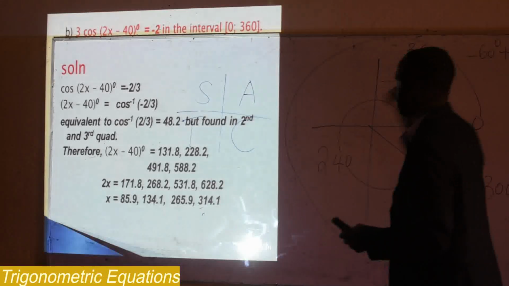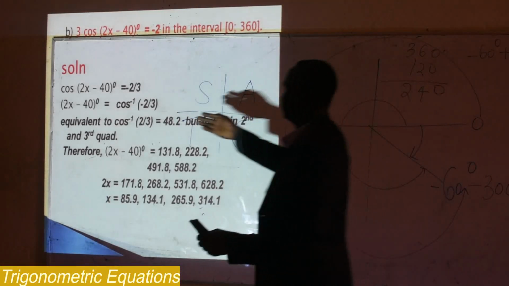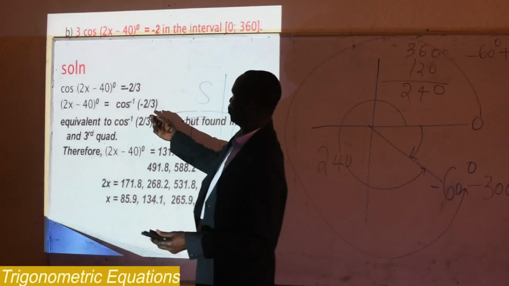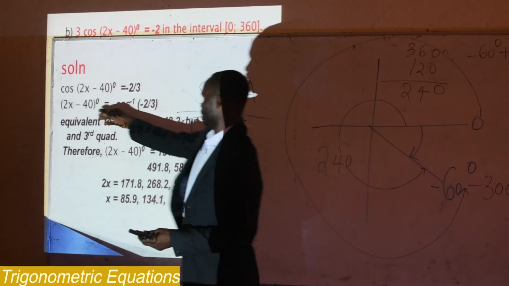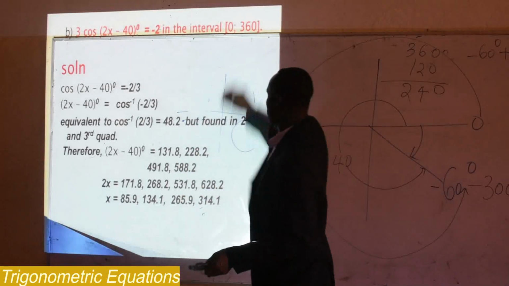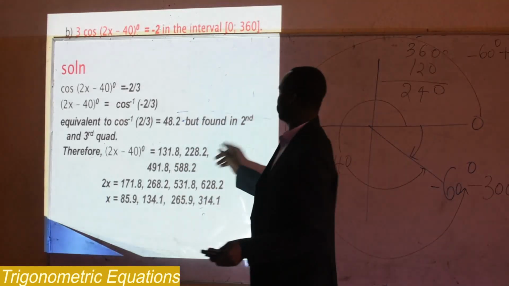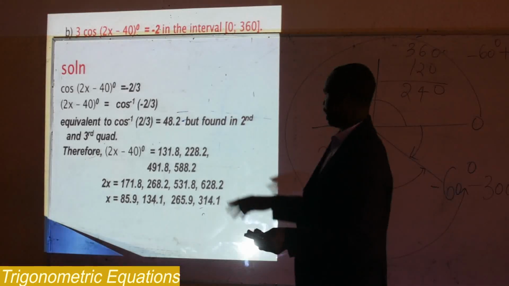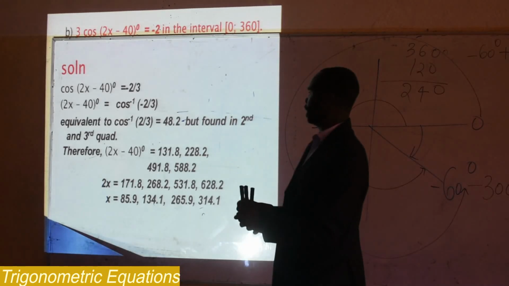So let us see what they have done. They have done it very easily. They have divided and then they have moved down to talk about cos inverse. This one has remained here, so they have gotten that the angles are found in the second and third quadrant. Therefore, the angles are these ones.